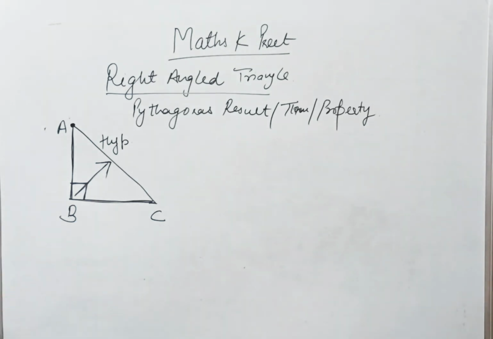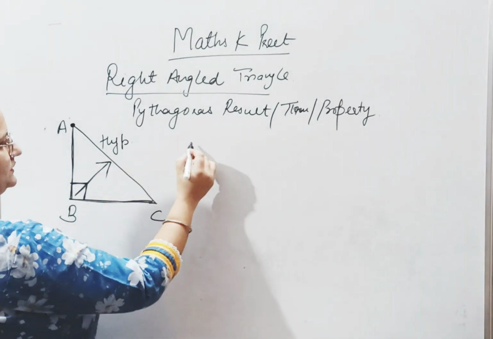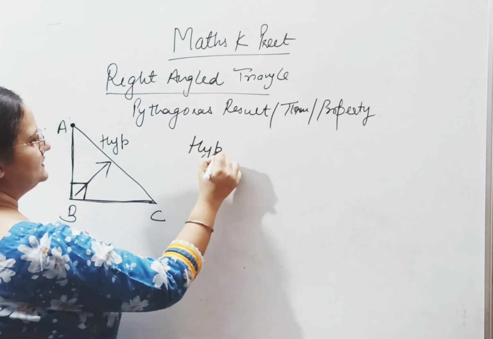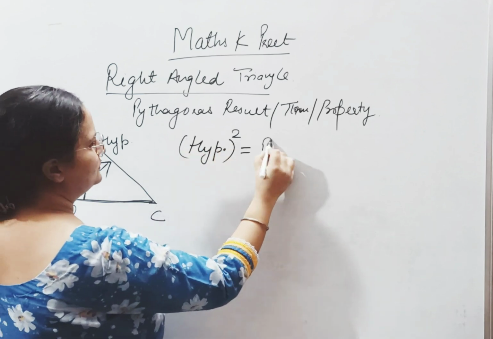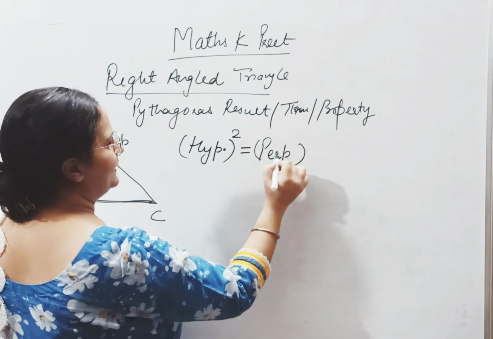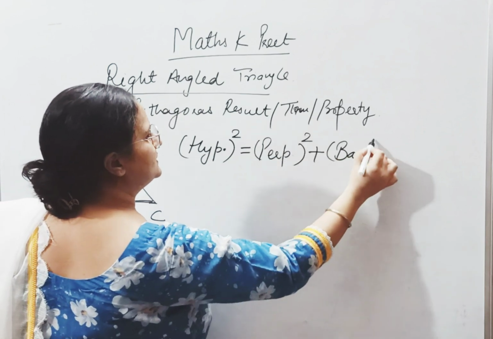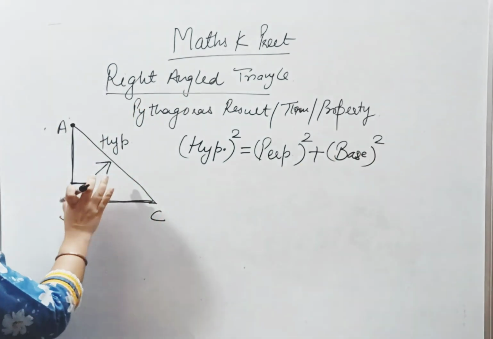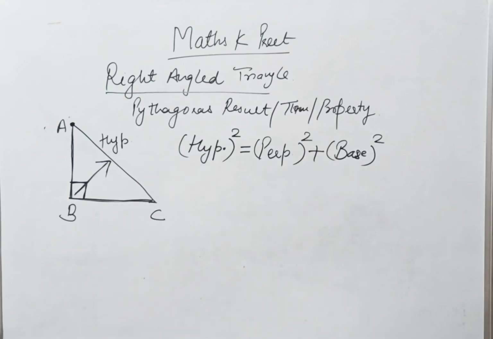So the Pythagoras result says, here AC is hypotenuse. Hypotenuse square is equal to perpendicular square plus base square. This means if we know the measurements for the lengths of a triangle, this result holds.